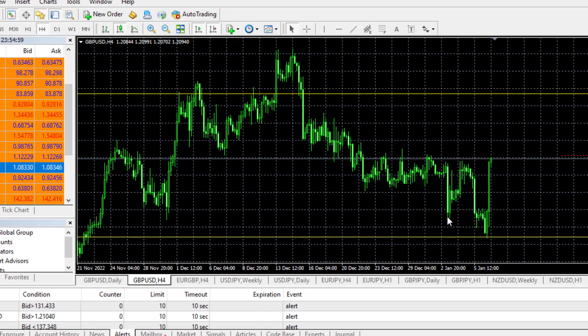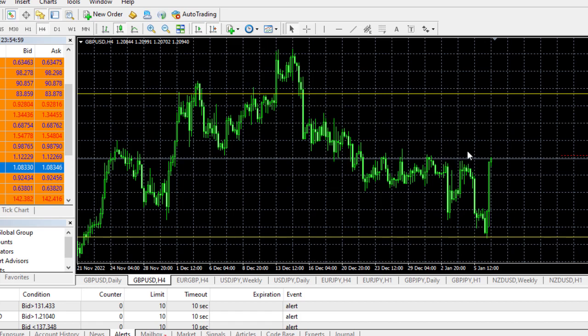This rise here that we'll see, as the price comes down and hits this level here, may be considered a break of structure for pound USD on 4 hours.